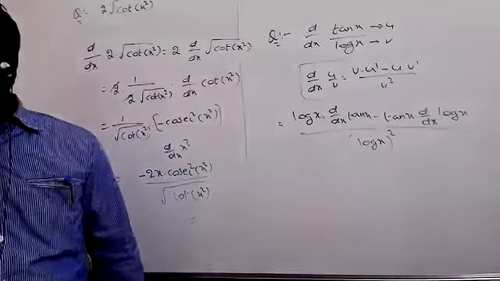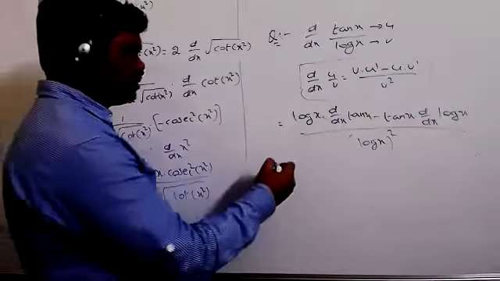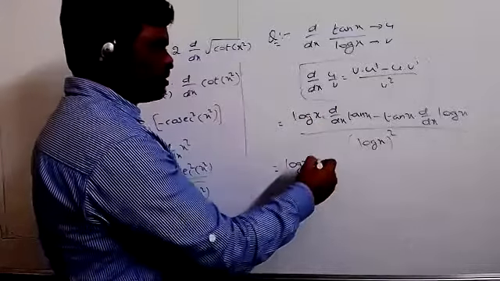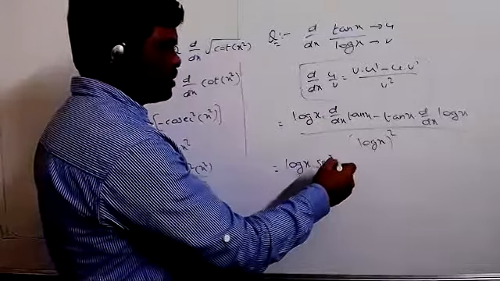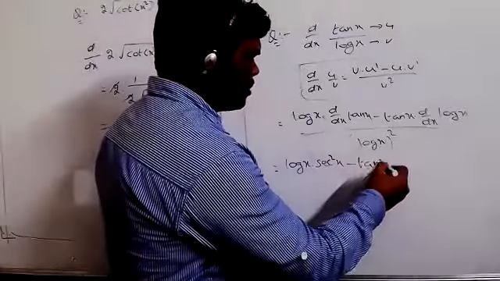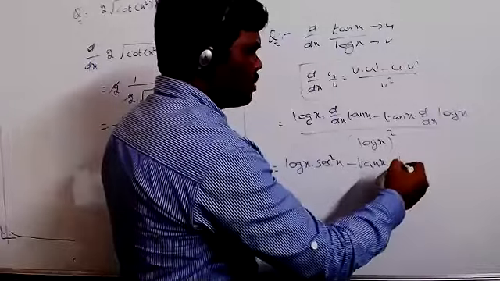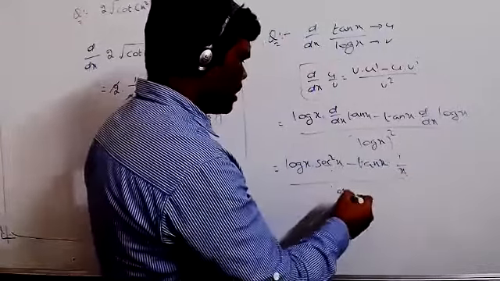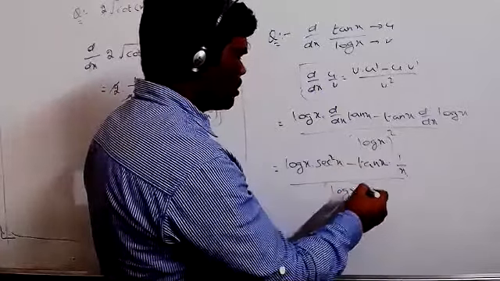It's correct now. Now differentiate. So log x into differentiation of tan x equal to secant square x, minus tan x into differentiation of log x equal to how much? 1 by x, whole by log x whole square.